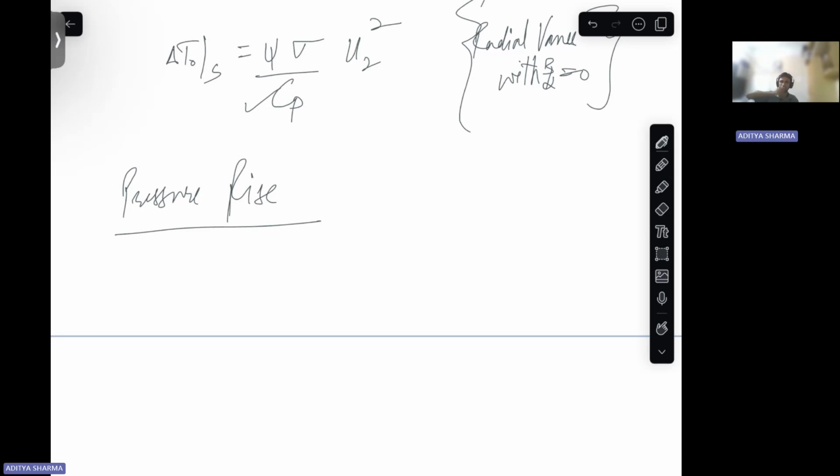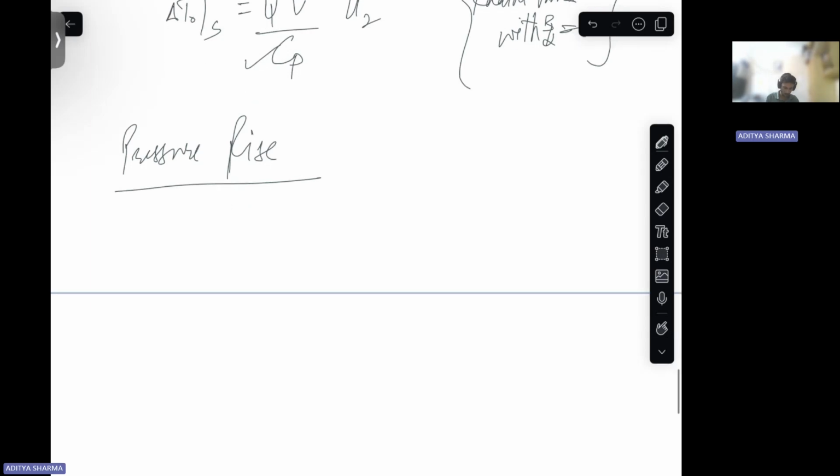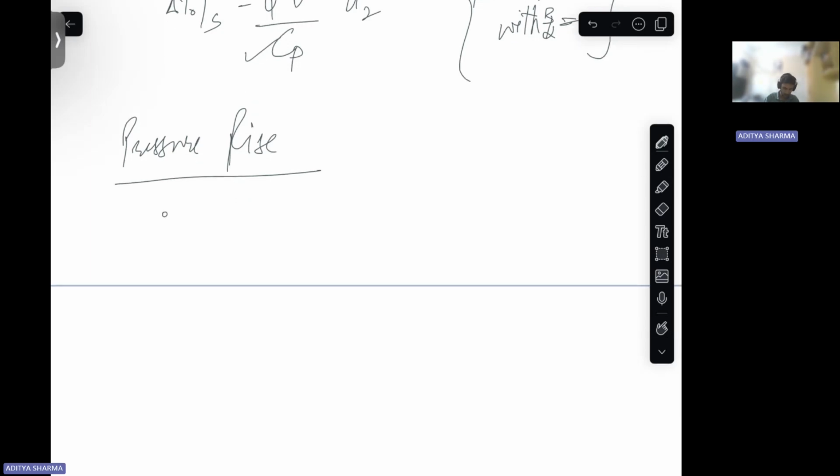So this is coming from inlet of the gas turbine engine to your centrifugal compressor. Now we want to increase its pressure.